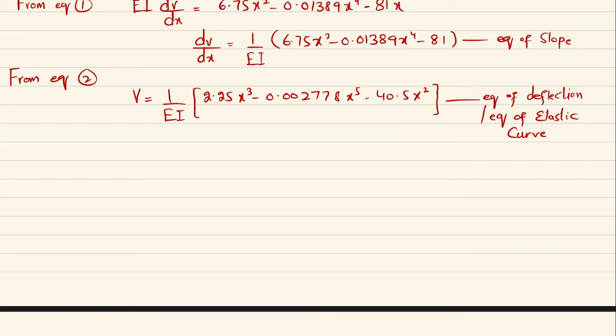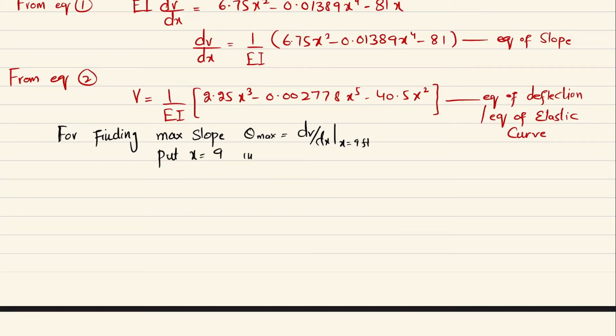I will write for finding maximum slope, theta max, which is equal to dv over dx at x is equal to 9 feet. So you can just put x is equal to 9 in this equation.